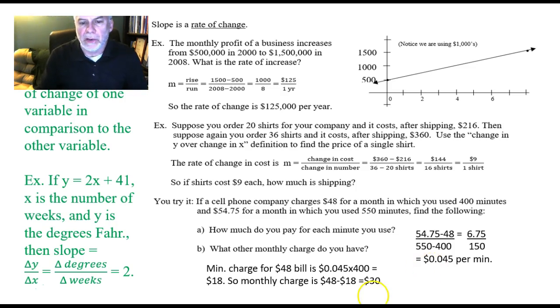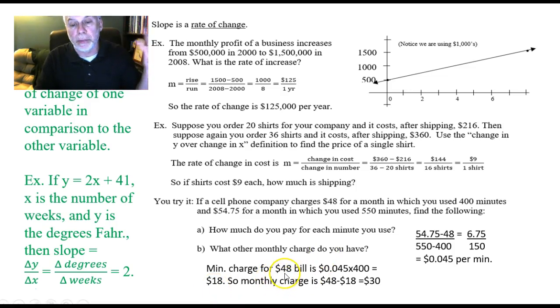Okay. Now, I also asked the question here, what other monthly charge do you have? So there's the cost for the minutes, and then there's the monthly service fee. If you know what you're charged for the minutes, it would be the rate 0.045 times the 400 minutes, but that only comes to $18.